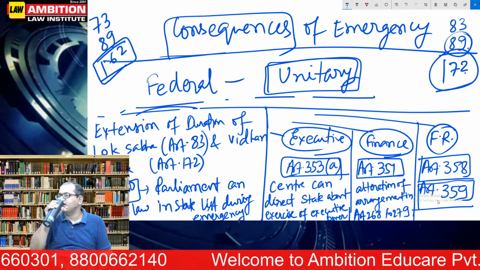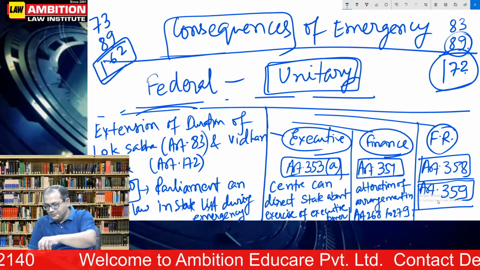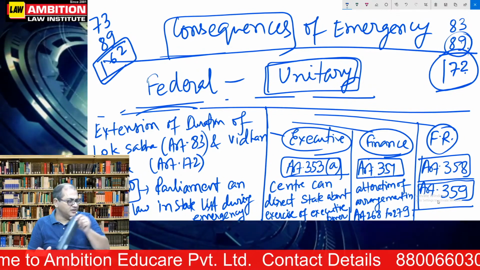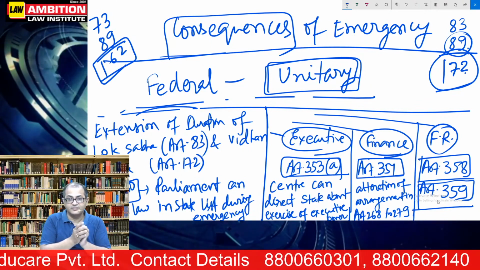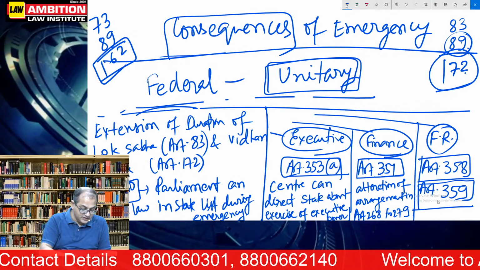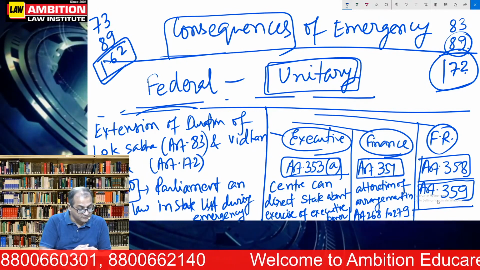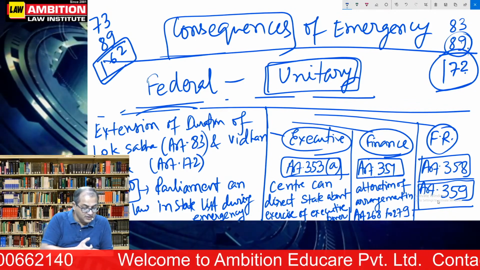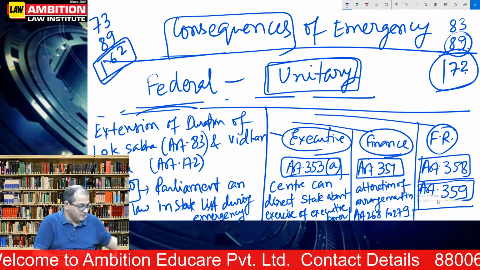Now 358 says that there will be automatic suspension of Article 19 when emergency is imposed on the ground of war or external aggression, not in case of armed rebellion, mind you. There is no automatic suspension of fundamental right in other cases. It is only in case of war and external aggression.